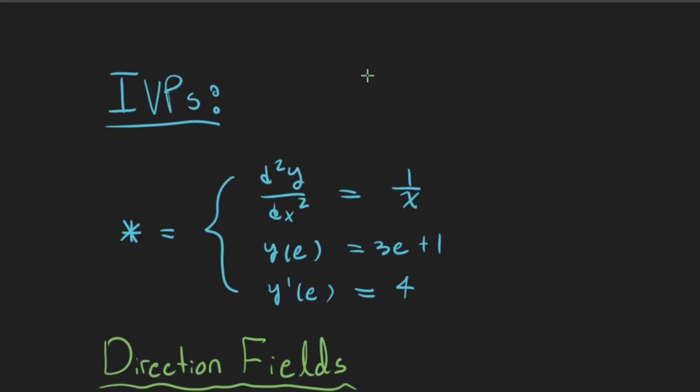But if I don't know where it originally started, I can never say for certain where it is at any point in time. I just know how much it's moved, right? And so an IVP, or an initial value problem, is a differential equation together with a set of initial conditions that allow us to get a singular solution instead of a family of solutions.